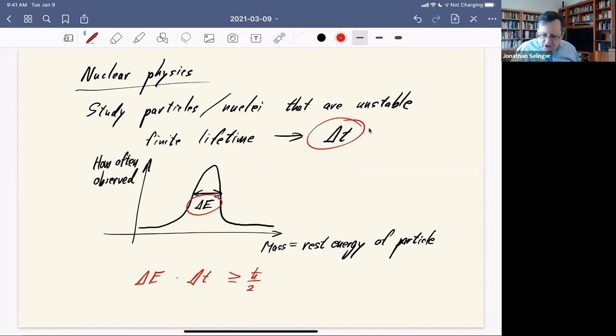So that's a trade-off that shows up in experimental studies of particles or nuclei with finite lifetimes. All right, that is what I wanted to say about the uncertainty principle. This is an experimental application of the general theory with commutators and so forth that we were talking about yesterday.